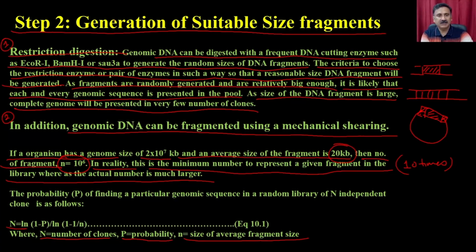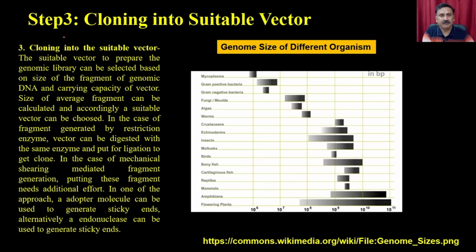Once you have generated suitable size fragments, they have to be ligated into a suitable vector. So in step 3, you are going to do the cloning into the suitable vector. Depending on the size of the different organisms, for example mycoplasma, bacteria, or flowering plants, you have to choose the suitable vector.